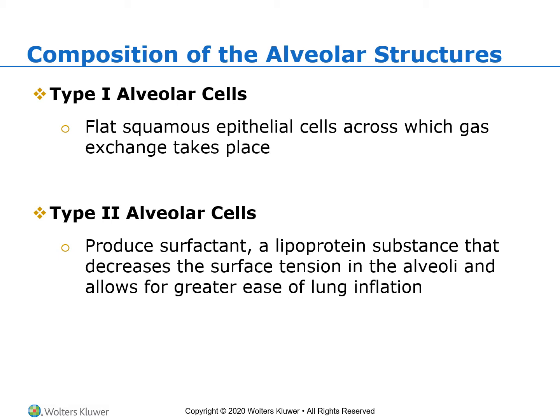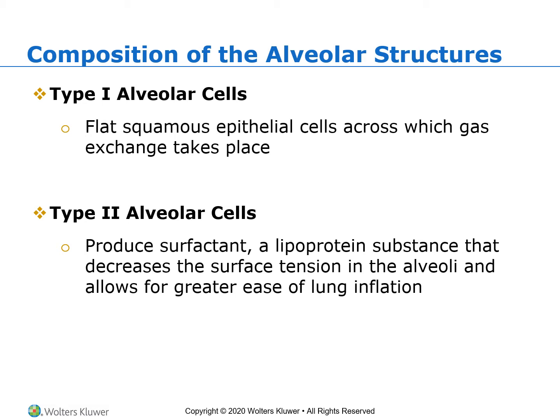There are two types of cells, type 1 and type 2 alveolar cells, but they also contain brush cells and macrophages. We're going to talk about brush cells again in the GI system, and these act as receptors to monitor the quality. Mostly these cells, when they're in any system, are protective. The macrophages here function to remove any injurious or offending material from the lung.